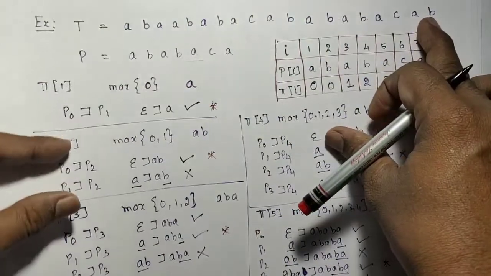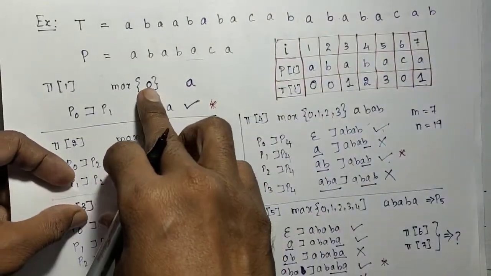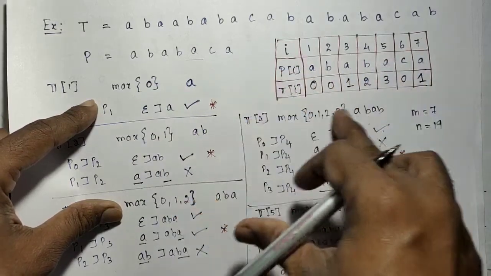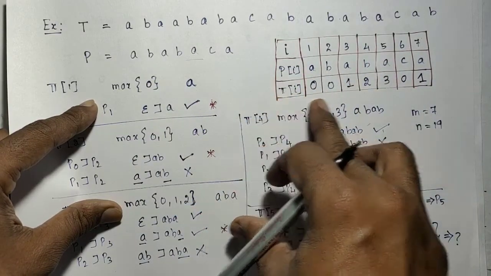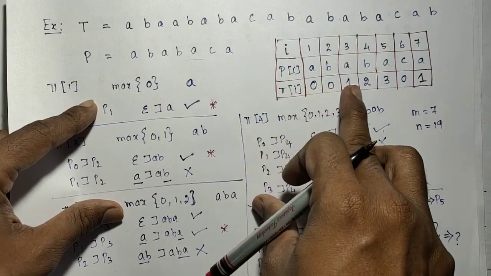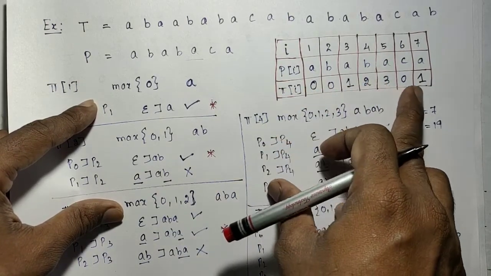So the text we have taken, and the pattern prefix is computed like this. That is the prefix function, pi is computed: 0 0 1 3 1 2 3 0 1 like that.